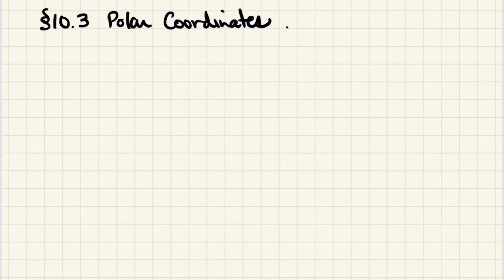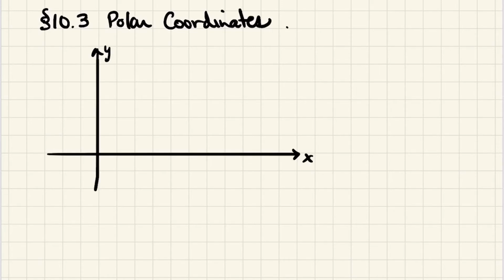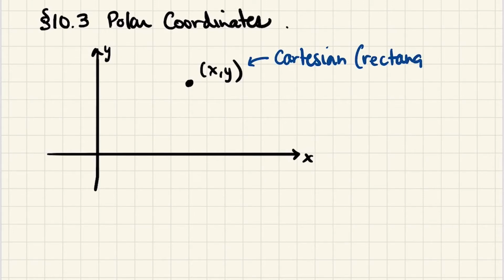All right, so time to talk about the polar coordinate system. So we know already that if we have a point in space, let's call it xy, the coordinate system that we've been working in already is the Cartesian coordinate system, also known as rectangular coordinate system.